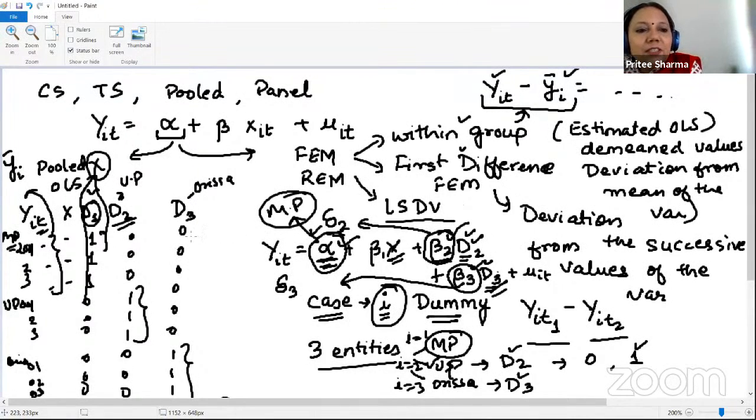So this is going to give us the demeaned values. Whereas in case of first difference, we are going to see the deviation from the successive values of the variable. Here we are seeing the deviation from the mean. Now we want to see deviation from the successive value.